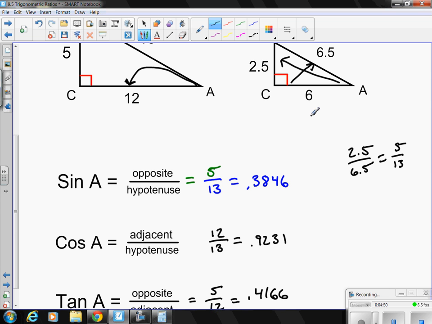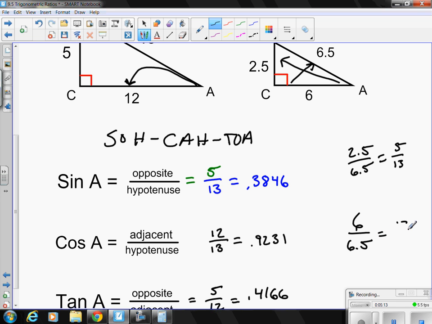Cosine, adjacent over hypotenuse, so CAH, right? If you don't have this written out, you'll want to remember SOH CAH TOA. So my adjacent over hypotenuse. Adjacent is next to the side, over my hypotenuse 6.5.